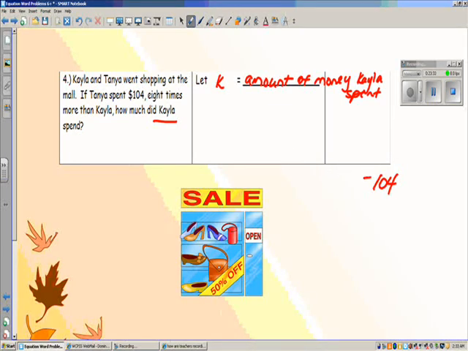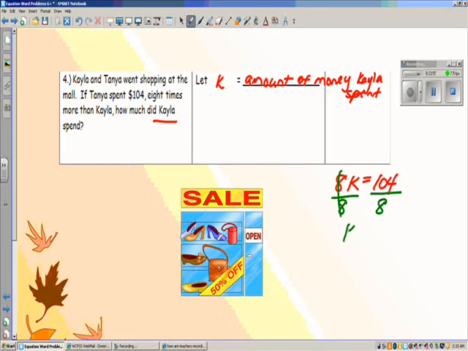That is 8 times more than Kayla. So we can represent that as 8K. Okay, we have a simple one-step equation here. How do we solve? We'll divide both sides of the equation by 8.